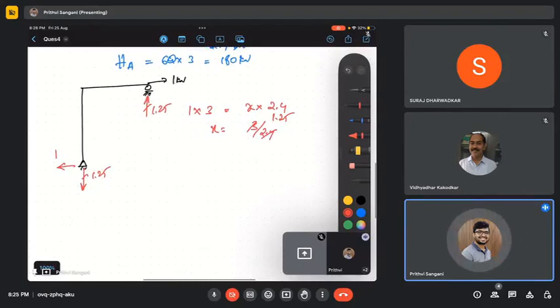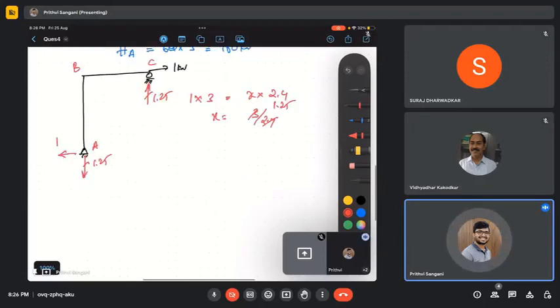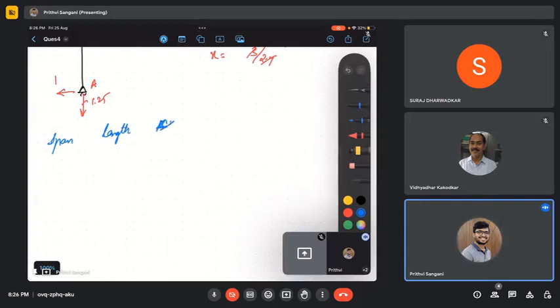Yeah, the problem is almost solved. So this is A, this is B, and this is C. So let us take now, what do we have? Span length, span length, and span length.